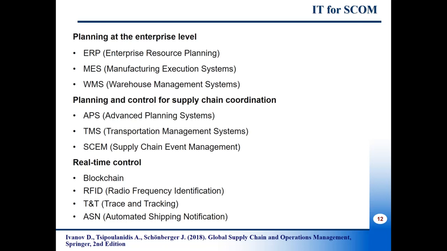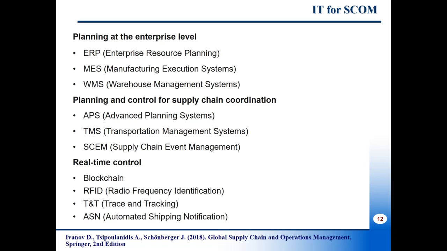Planning at the enterprise level is mostly used in a specific location or specific entity in the supply chain, but in planning and control for supply chain coordination, it is a system that can glue or connect all members or actors in the supply chain networks. We know APS, that is Advanced Planning Systems, TMS, Transportation Management Systems, and SCEM, Supply Chain Event Management.